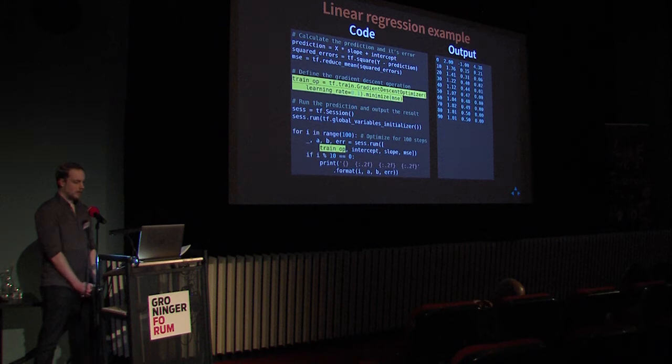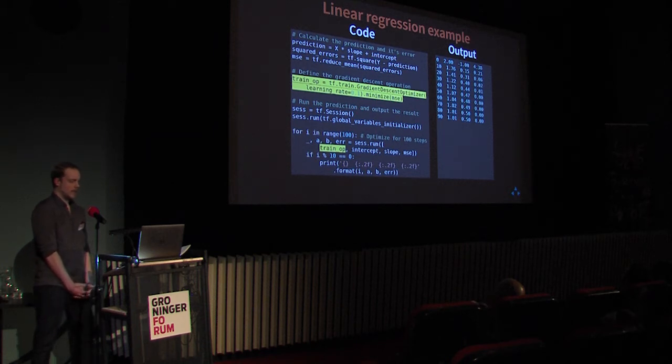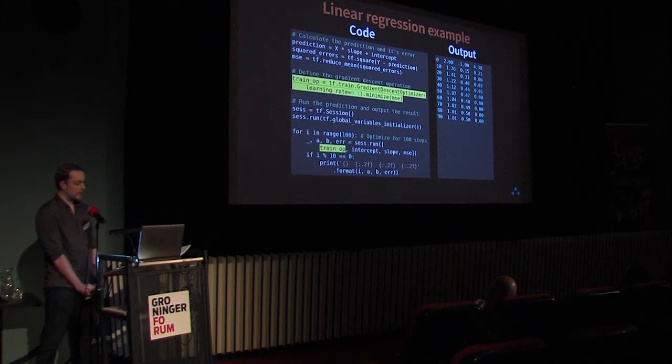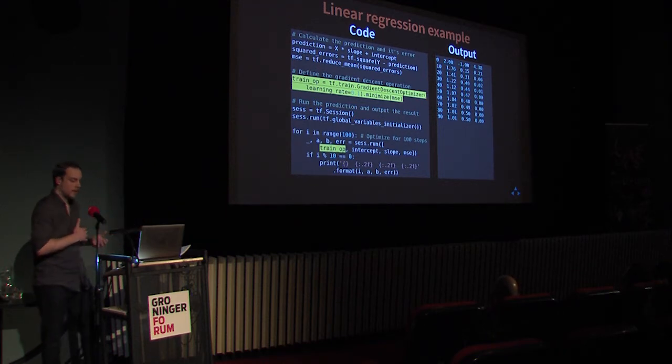So now we need to optimize things, but we can't do it in one step. We're going to take 100 steps, 100 small steps down this error surface. So we're iterating over a range from 0 to 100. And we're running a few operations in one go, every step. The training operation, and we evaluate the intercept and the slope, because we want to check during training what they are converging towards, and the mean squared error to check if the error is actually going down.